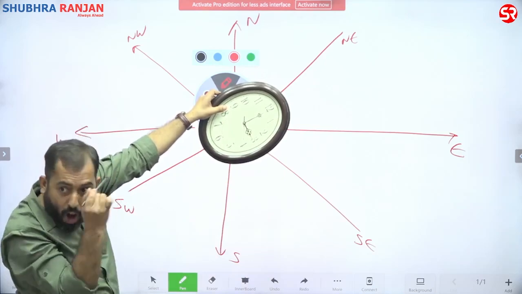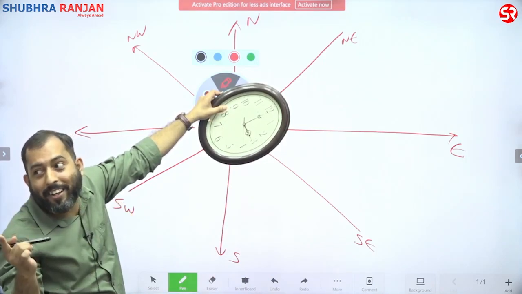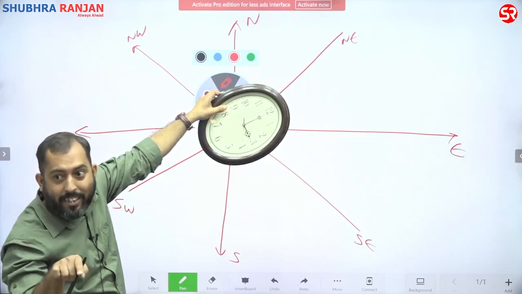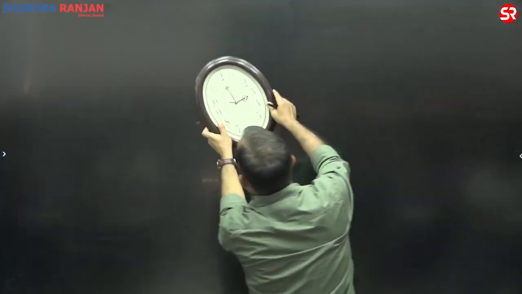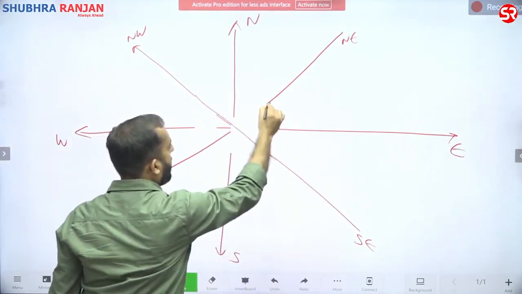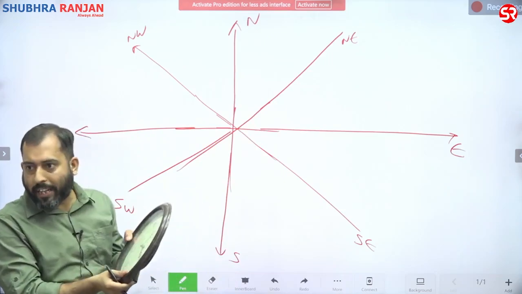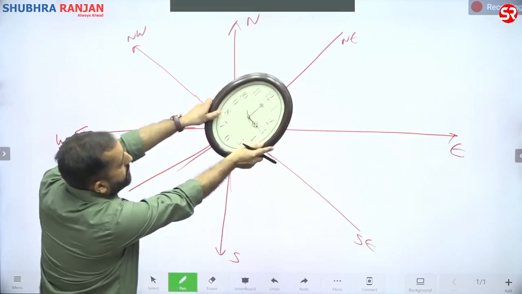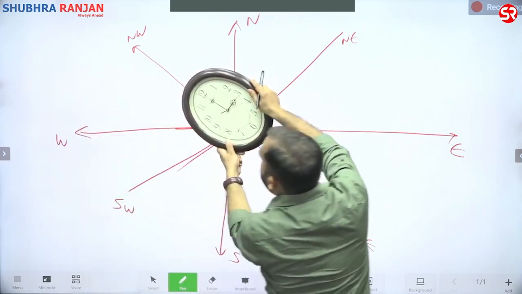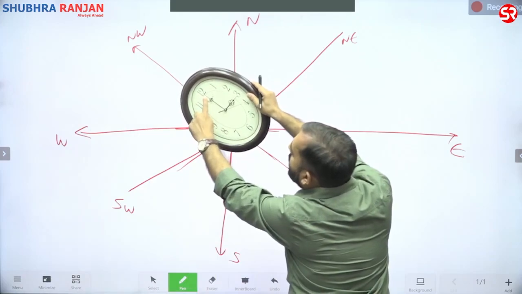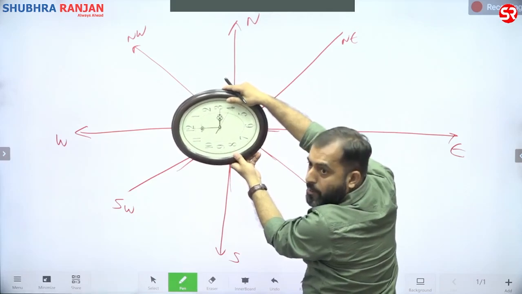Now this clock is rotated, right? By how many degrees? 135 degrees, in which direction? Anti-clockwise. So if you move it like this, now this has been turned by 135 degrees. So it was like this. If you turned it by 90 degrees, the 12 of the clock will be towards northwest. Now move it 45 degrees more.